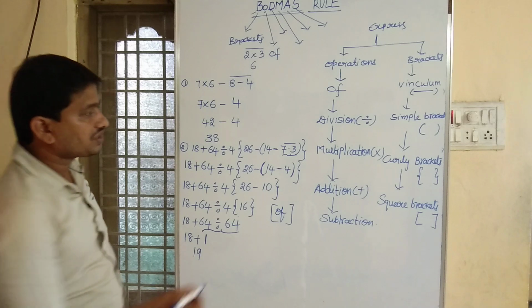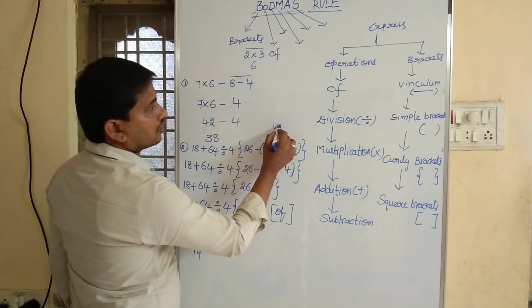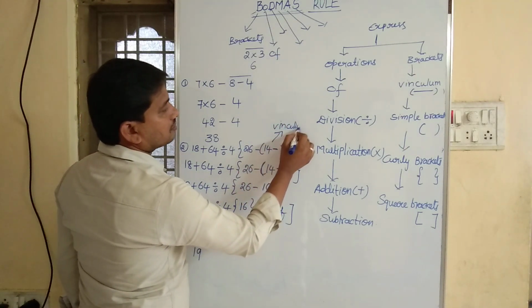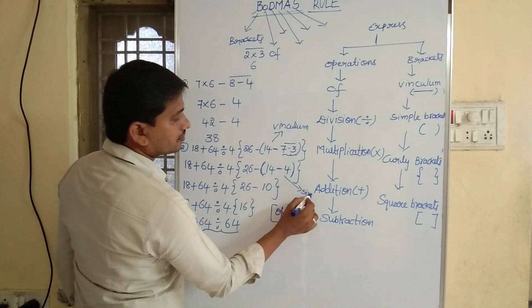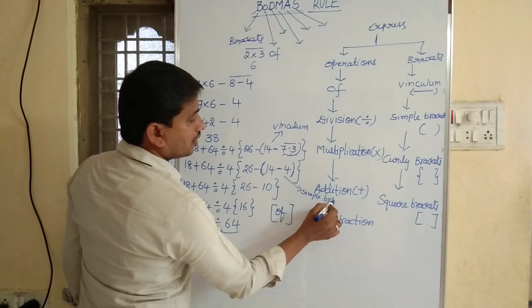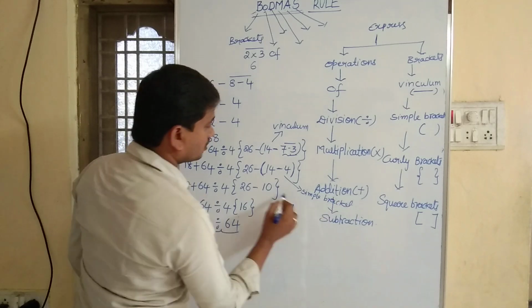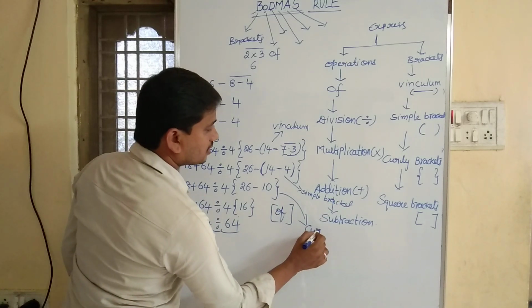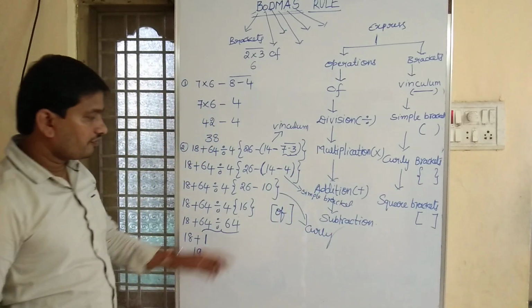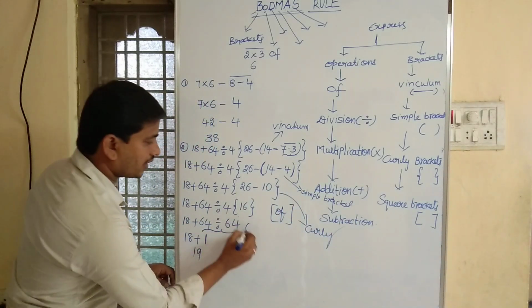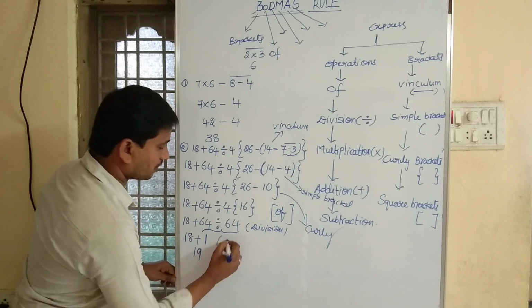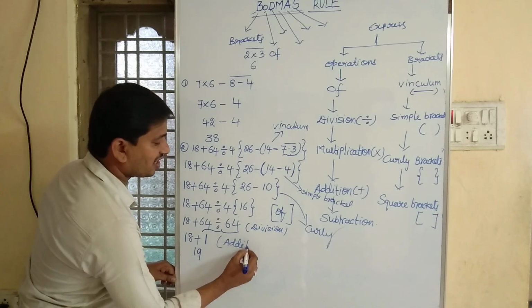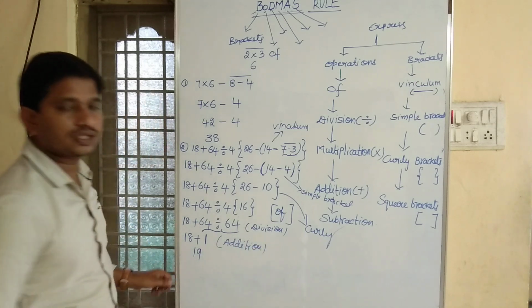So the first operation we performed here was the vinculum bracket, then the simple bracket, then the curly brackets, then of, then division, and then addition. See the hierarchy of operations.